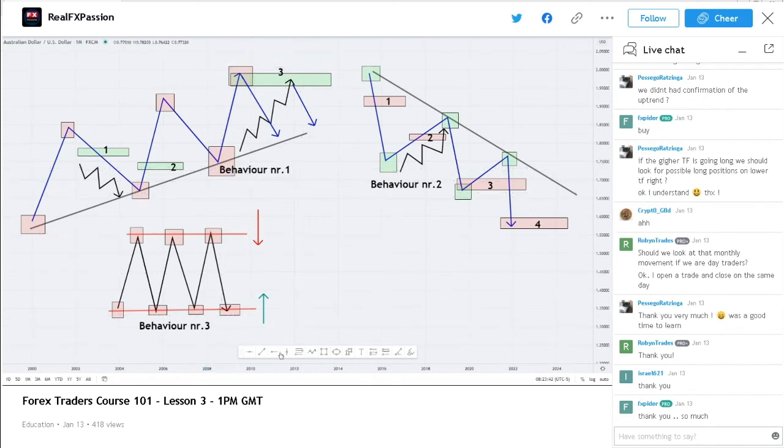Try to enter at a great place, but either way, the stop loss goes above or below the trend lines. When the market is making higher highs and higher lows, the stop loss goes below the trend line. This would be the stop loss level.